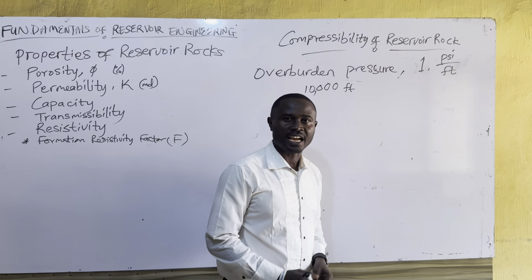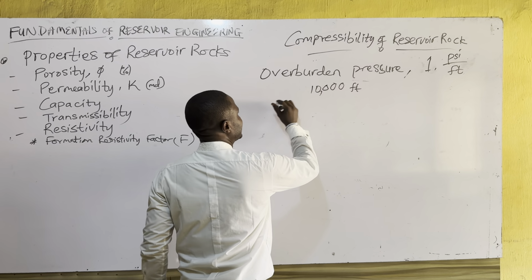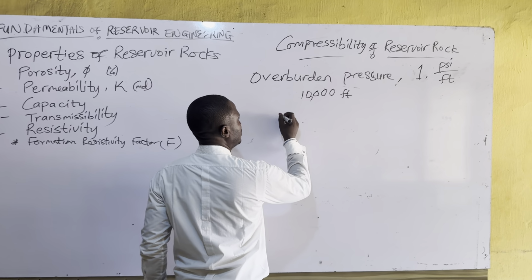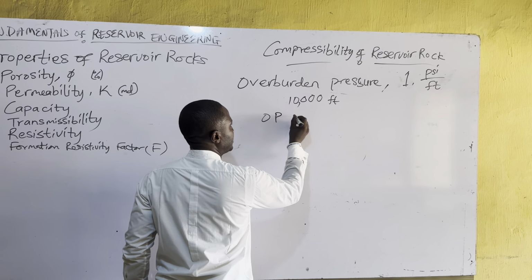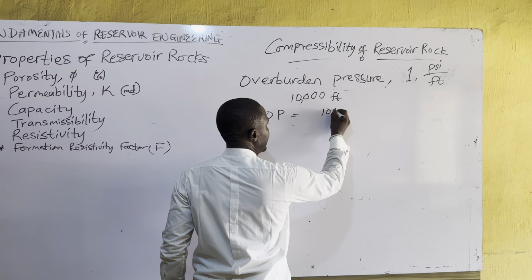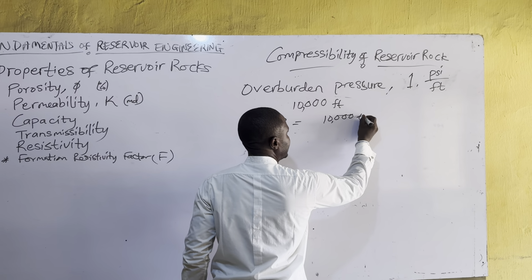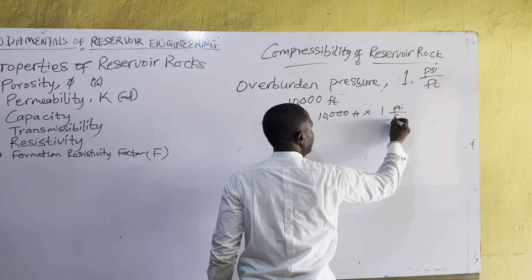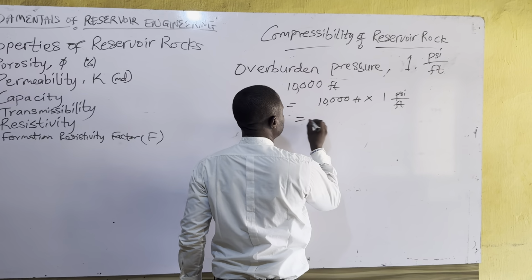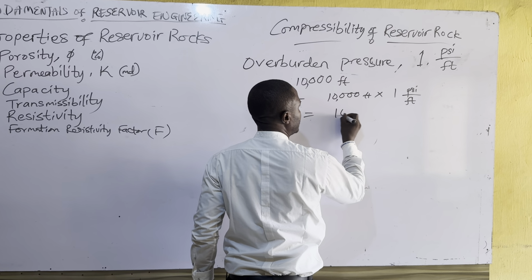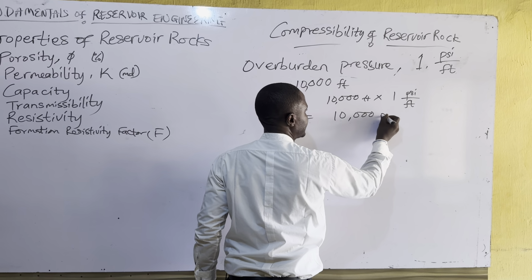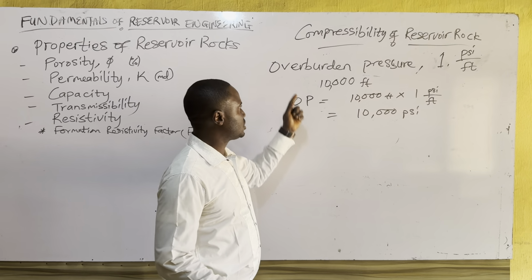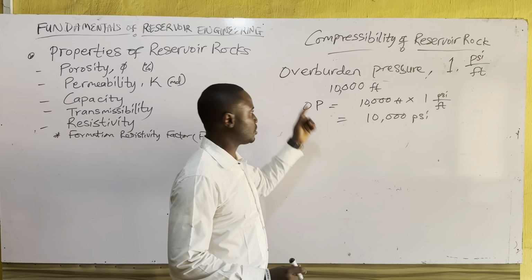So if we find our reservoir at 10,000 feet, the overburden pressure, OP, will be equal to 10,000 feet times 1 psi per foot. This gives us an overburden pressure equal to 10,000 psi. Good. This is the external pressure which our reservoir rock is subjected to.